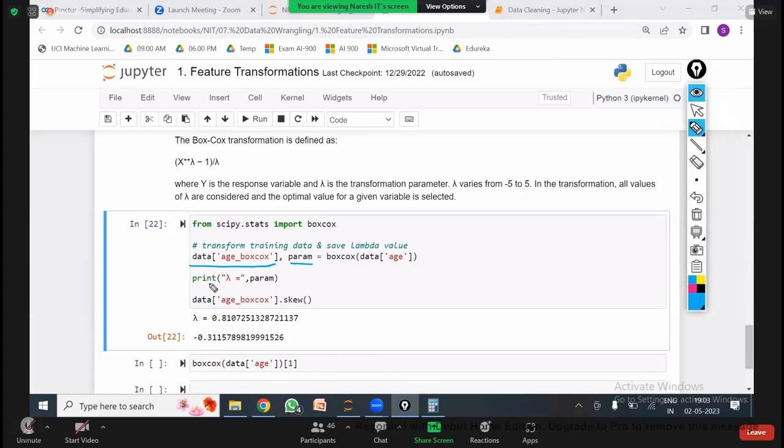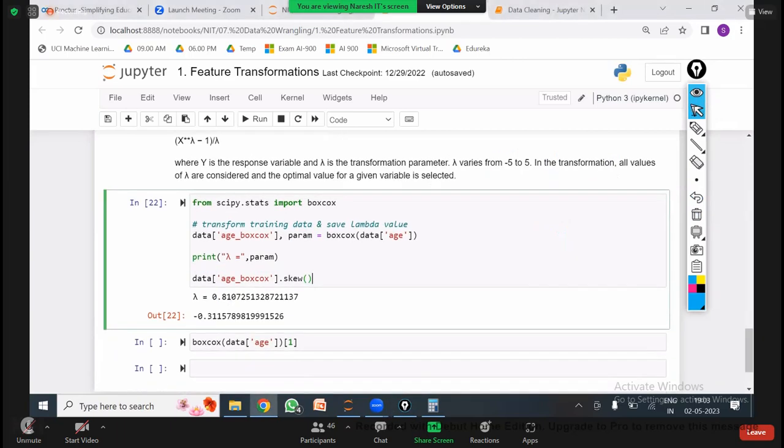I'm going to print the lambda value, which is 0.81, means x to the power of 0.81 minus 1 divided by 0.81. After doing this one, it has given the normal distribution.